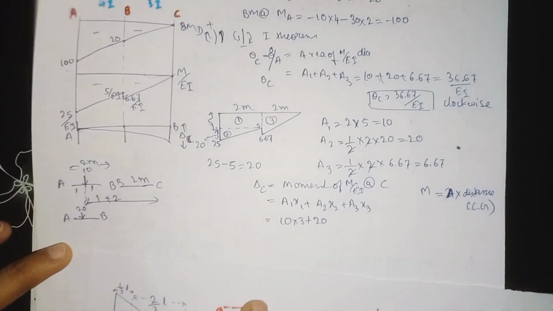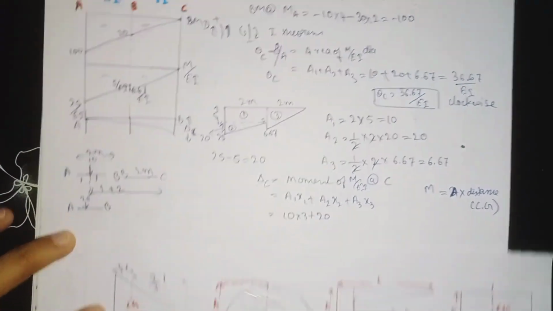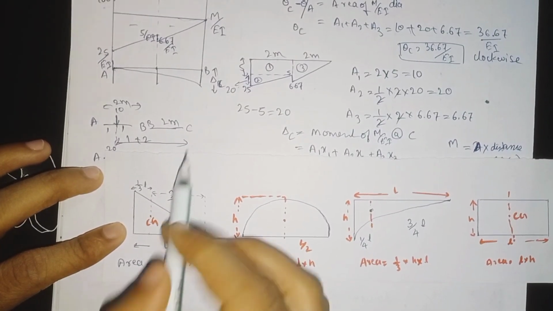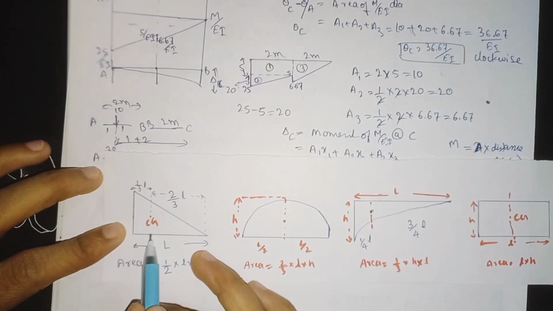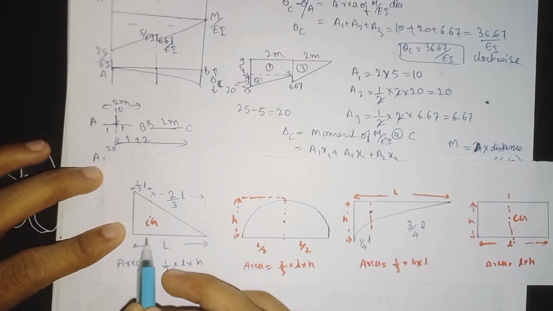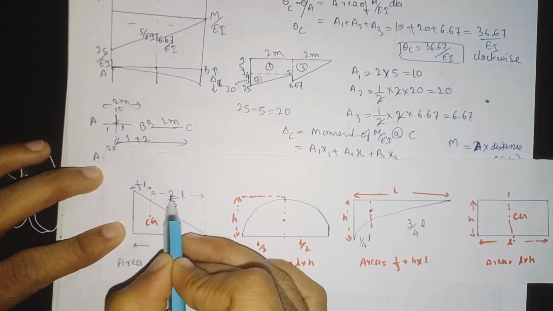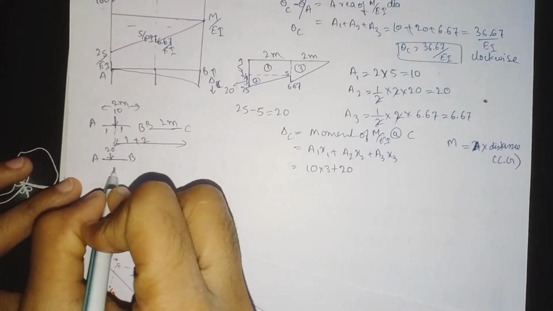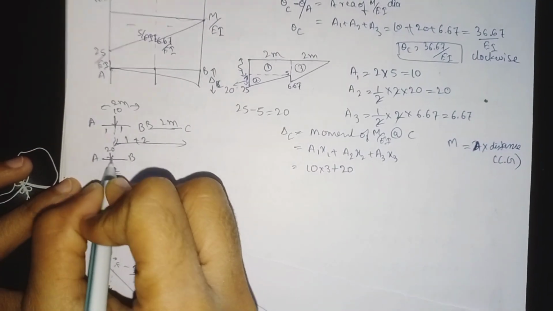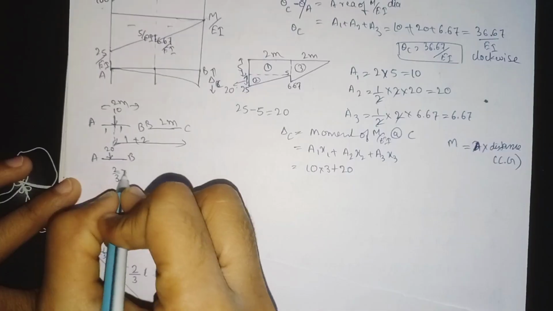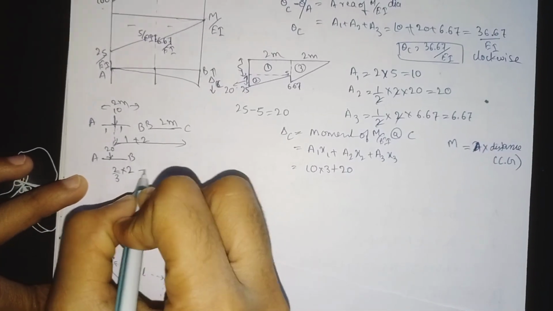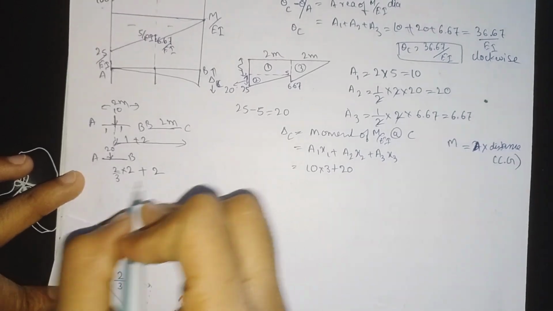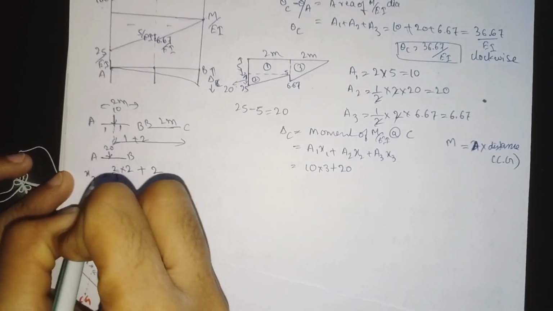We need to find the distance from here to here, because we want to find the deflection at point C. Here our CG will be 2 divided by 3 into L. So 2 divided by 3 into the distance 2 meter, plus we need to add this much distance, which is 2. Now add it, and it will give our x2.